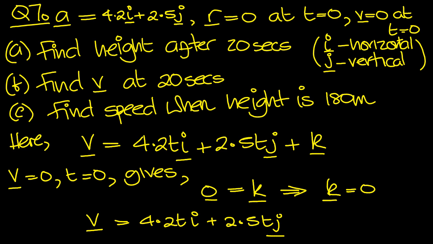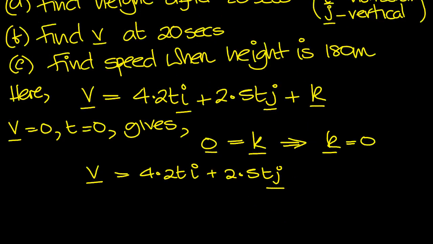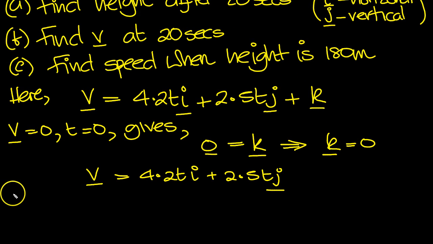Let's get the position vector now. So integrate once more. This is the velocity, so integrate. Integrating then gives r is equal to 4.2 t squared over 2, which will be 2.1, won't it?